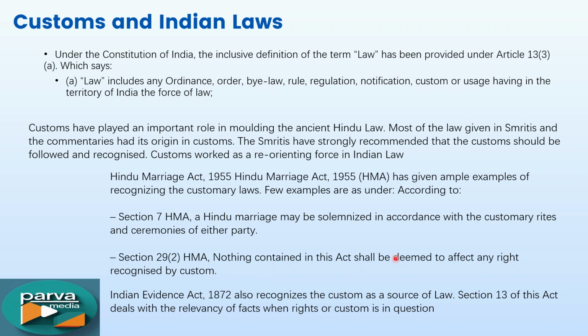Any right which is recognized by custom cannot be affected by the provisions of the Act, because in India, especially in southern India, a boy marries his sister's daughter. As a law in the Hindu Marriage Act, there is a prohibition of degrees.